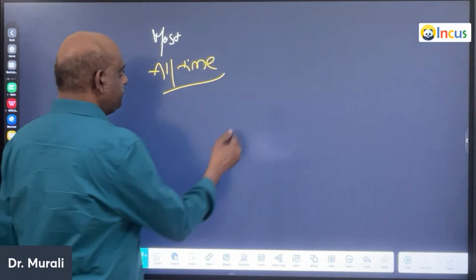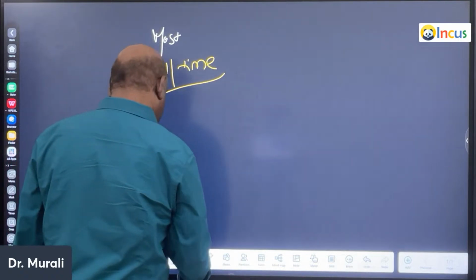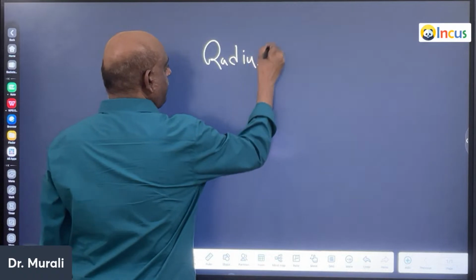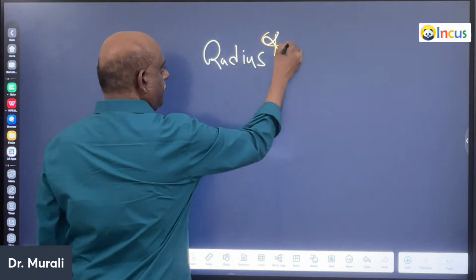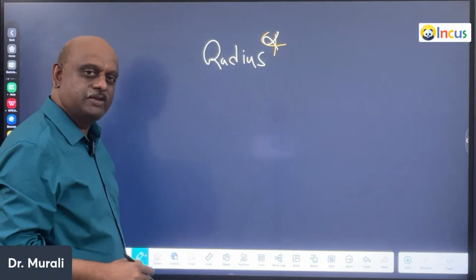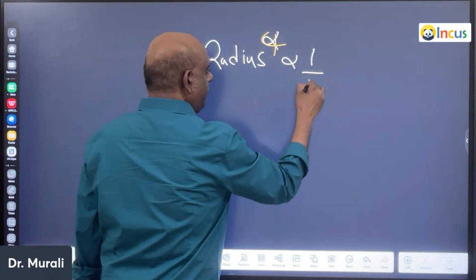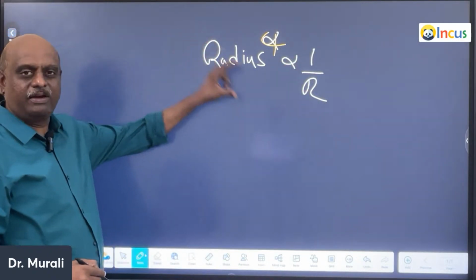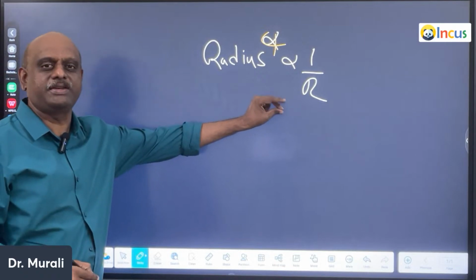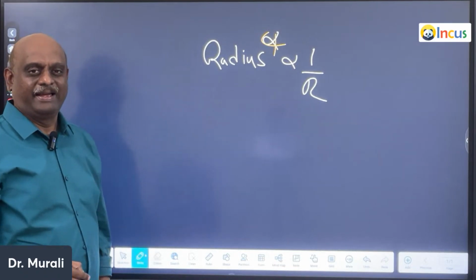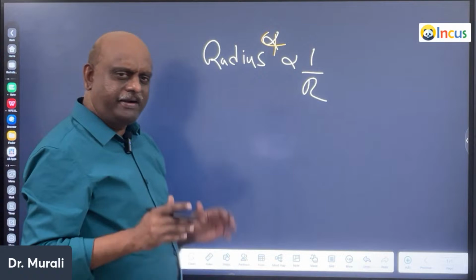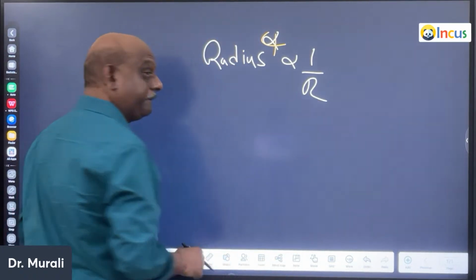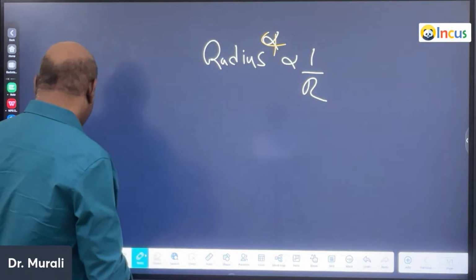You should remember radius to the power of 4 is proportional to 1 by resistance. So the change in the diameter will keep changing, inversely changing the resistance, is what you need to remember, the fundamental principle of physics that we learned in our pre-MBBS days.